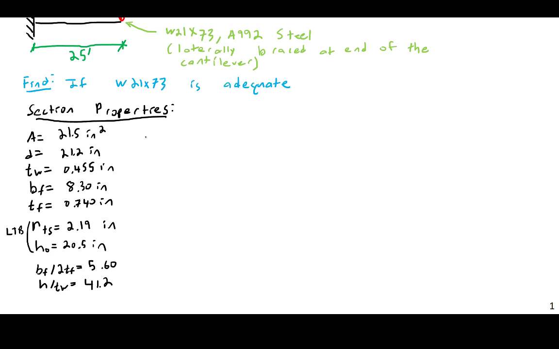Well, let me say that J is going to be 3.02 inches to the fourth, just of our torsional properties, and our CW, capital C subscript W, is 7,410 inches to the sixth power.